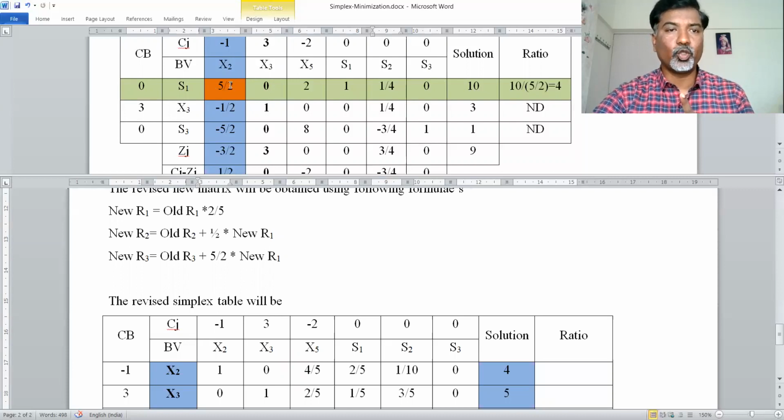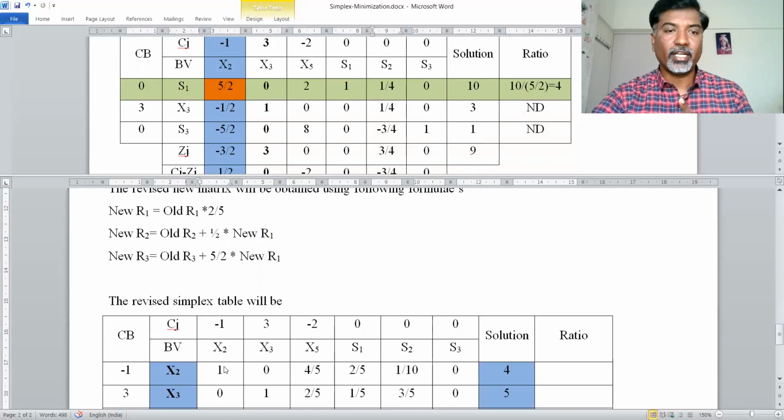So 5 by 2 into 2 by 5, we get 1. 0 into 2 by 5, 0. 2 into 2 by 5, 4 by 5. 1 into 2 by 5, 2 by 5. 1 by 4 into 2 by 5, if you solve this, we will get 1 by 10. 0 into 2 by 5, we get 0. 10 into 2 by 5, 10 into 2 is equal to 20, and 20 by 5 is nothing but 4.